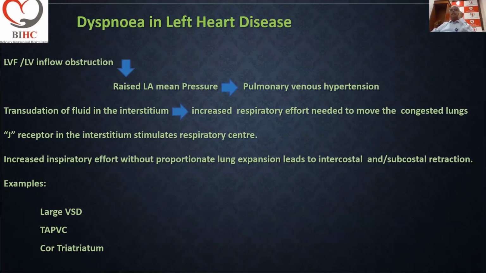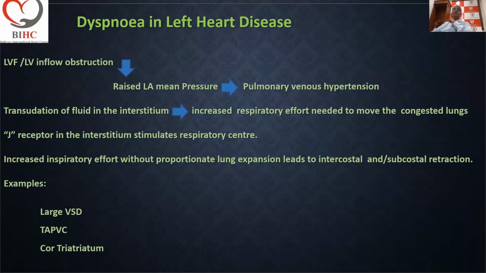When there is a left ventricular failure, or there is obstruction to the flow of blood into the left ventricle as in mitral stenosis, the left atrial mean pressure is raised and that is reflected in the pulmonary venous system. A raised pulmonary venous pressure results in a transudation of fluid into the pulmonary interstitium, and the baby now needs a greater respiratory effort to move the congested lungs. This is the process that we designate as dyspnea.